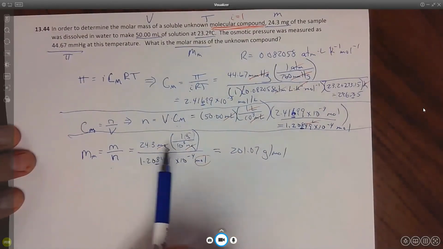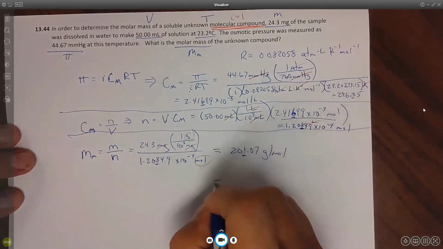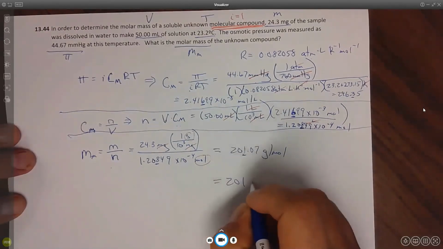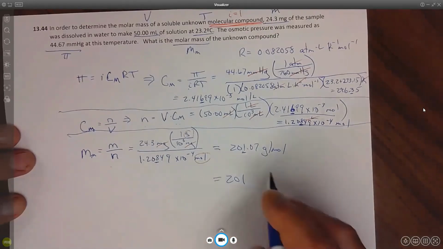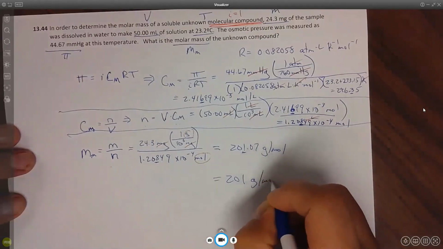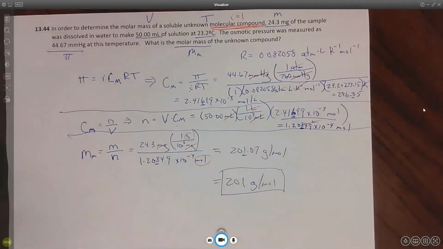I have 3 sig figs, exact 4 sig figs, so this will be 3 sig figs. So your answer would be 201. Again, this next number is less than 5, so we just drop those insignificant digits, and it would be grams per mole. Okay. Any questions about that?